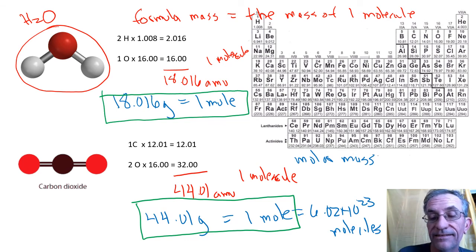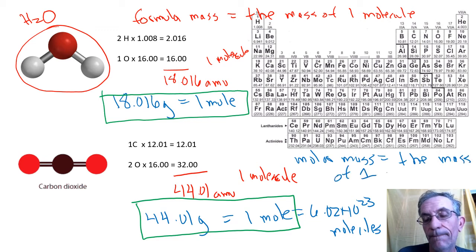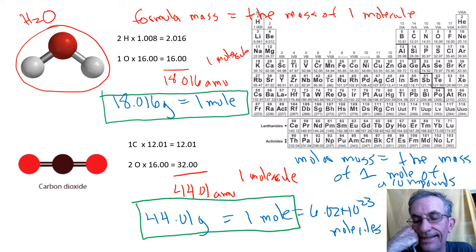A molar mass is the mass of 1 mole of a compound. All of those molecules put together, if they're carbon dioxide, they're going to weigh 44 grams. 6.02 times 10 to the 23 water molecules, a mole of water is going to weigh 18 grams.